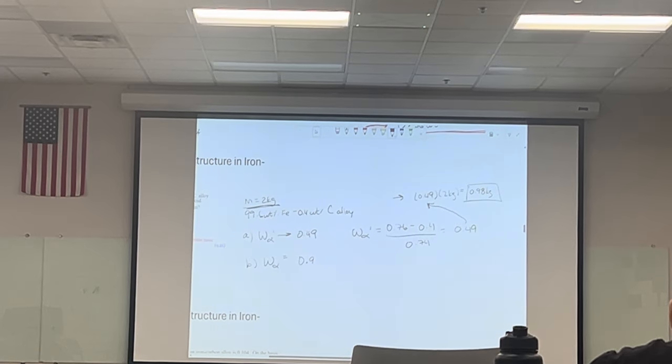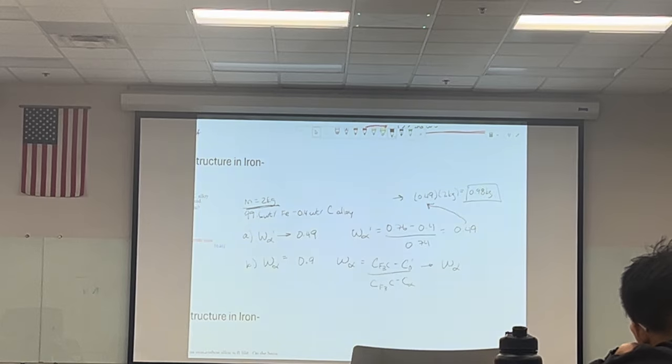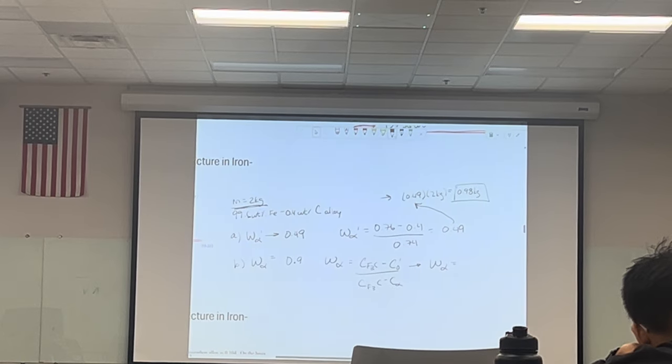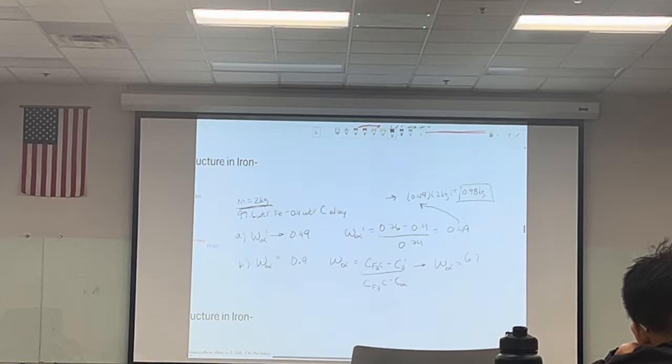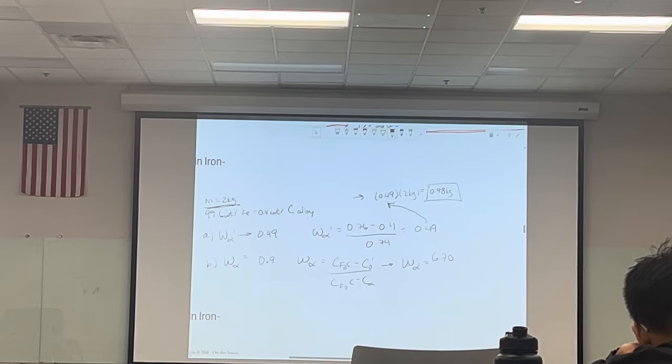For part B, we're using the alpha equation, which to remind ourselves is this one here. So when we plug that in, just like in the last problem, we actually used this one last problem.